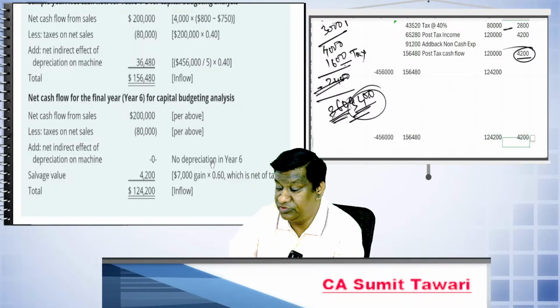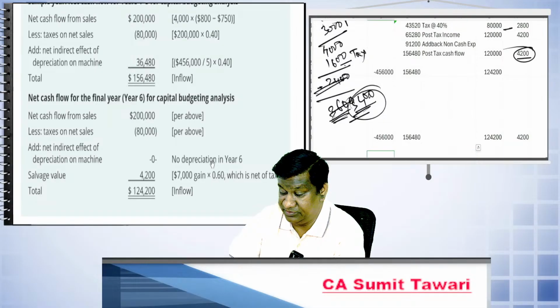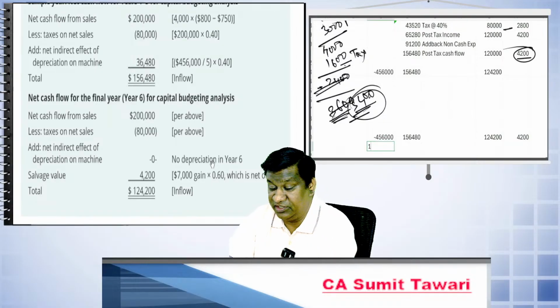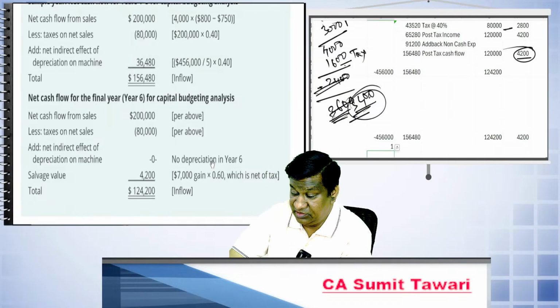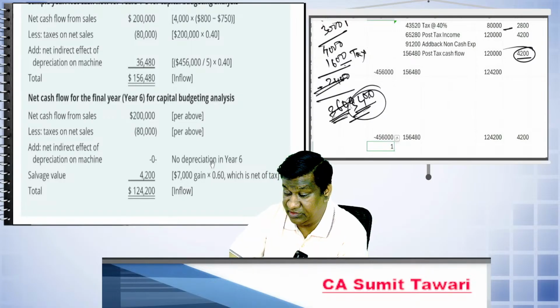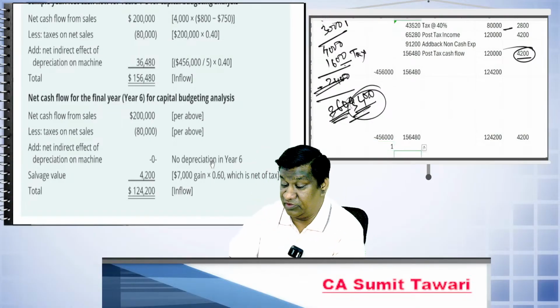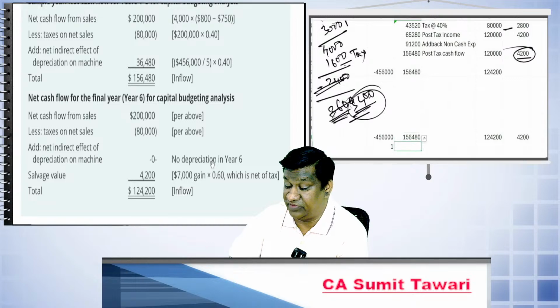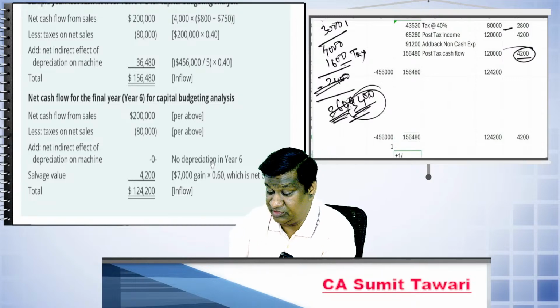So you need to apply a separate discounting factor. If I consider 10% as the discounting factor, then for the first year it is always 1. For the second year onward, for 5 years we need to calculate, because the same income is for the entire 5 years, so it is 1 divided by 1.1.